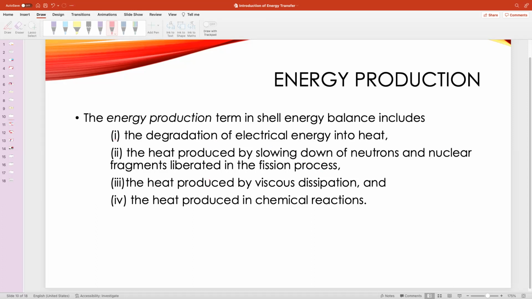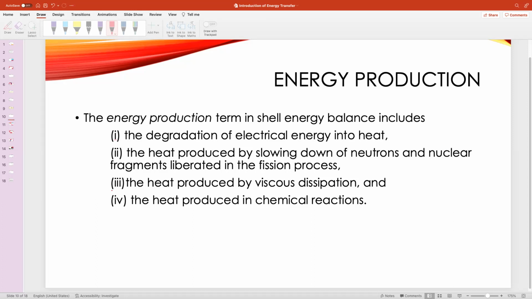This is also similar if the heat is produced by a chemical reaction, for example inside a fixed bed. The energy from the chemical reaction will be transferred and affect the temperature profile around the catalyst ball in the fixed bed. That would be that energy production term.